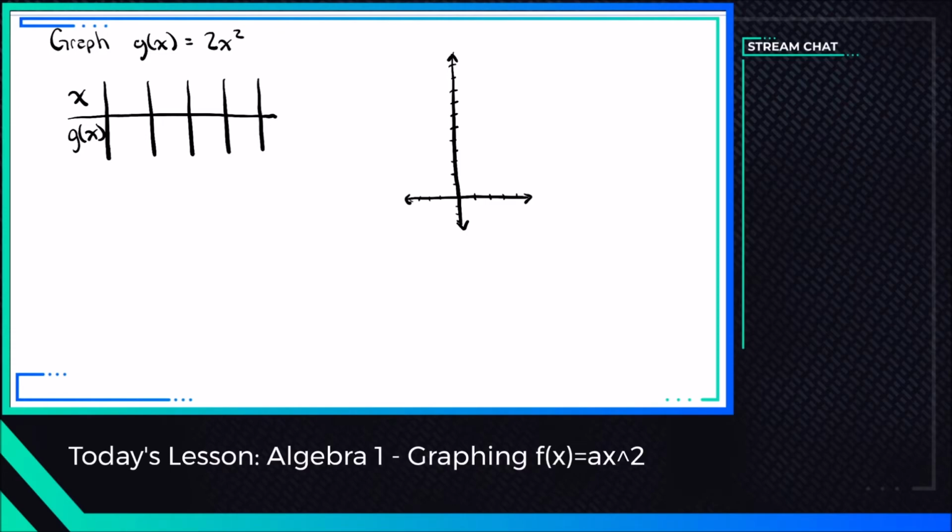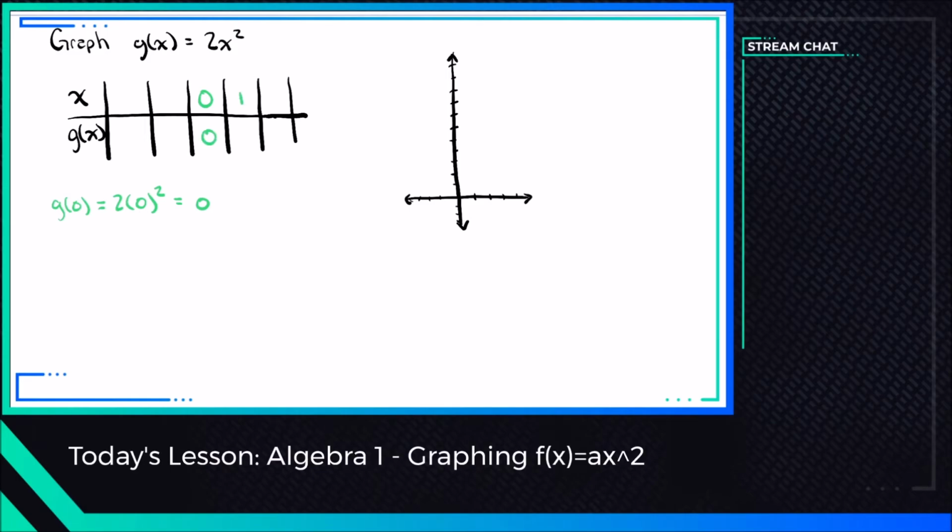Let's start in the middle at 0, because 0 is a nice number to start with. The vertex of all of these singular term monomials is always going to be 0, 0. So if we plug g of 0 into this function, we're going to get 2 times 0 squared, which is just equal to 0.